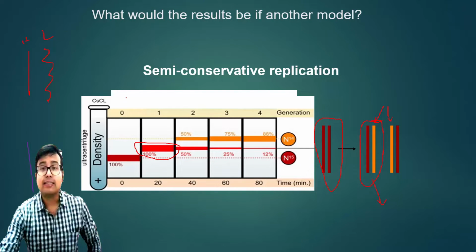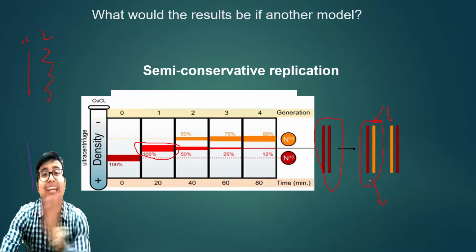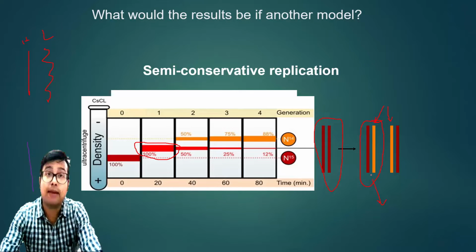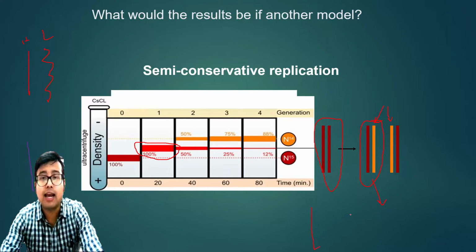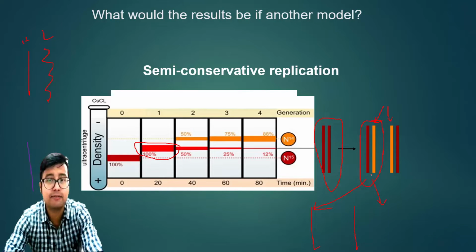Now see, this is an intermediate with one heavy and one light. Now in the second generation, this becomes a parent. So what will happen? Now this heavy and this light will segregate into two, coding strand and template strand, right?